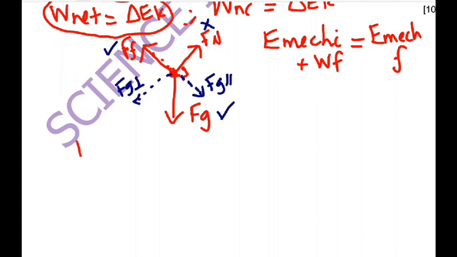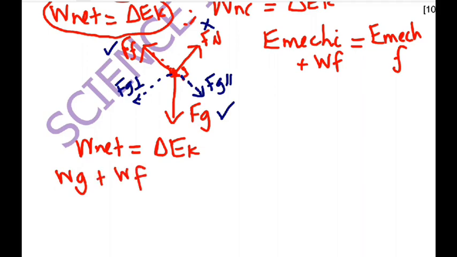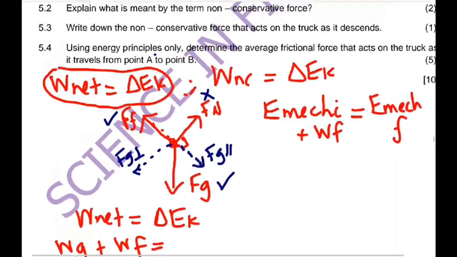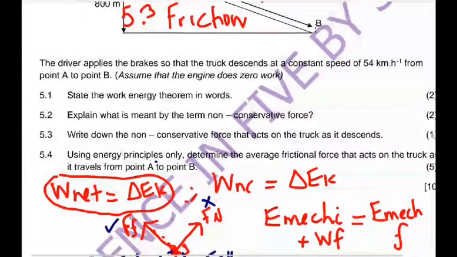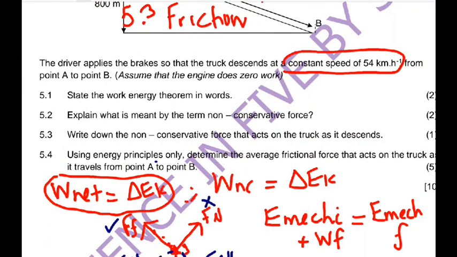Now, so we're going to say W net is equal to delta EK. Right? Work done by the gravitational force plus work done by friction is equal to, we are also told an important clue in the question, constant speed.